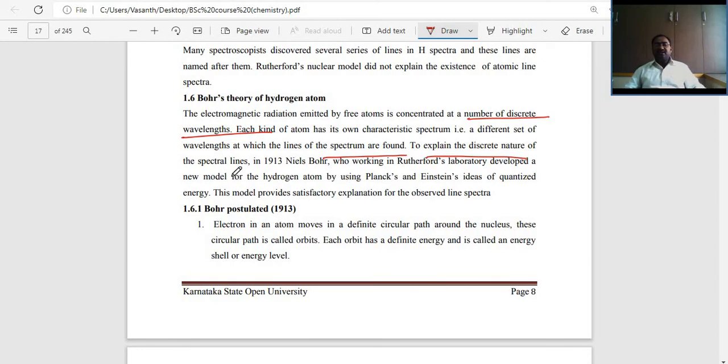in 1913, Niels Bohr, who was working in Rutherford's laboratory, developed a new model for the hydrogen atom by using Planck's and Einstein's ideas of quantized energies.